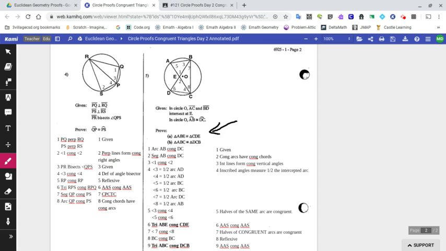Okay, and 7 and 8, the same reason. 7 is half of arc DC down at the bottom, and 8 is half of AB, the arc at the top. All right, so all 6 of those angles are halves of their intercepted arcs because they're inscribed.